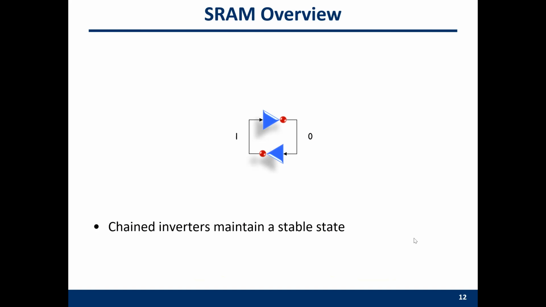Assume that here you have zero, and this zero, because this is the one, and this one, because the input is one. So somehow you achieve a very stable state.